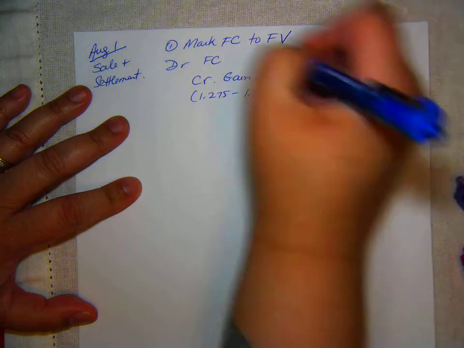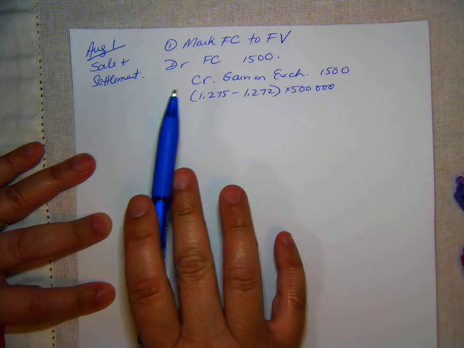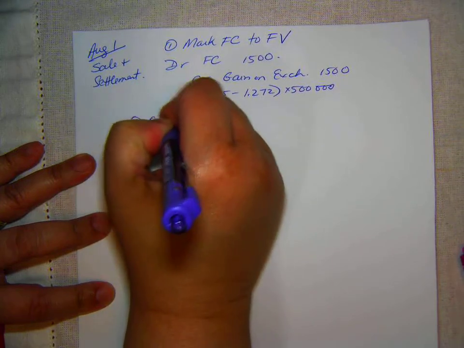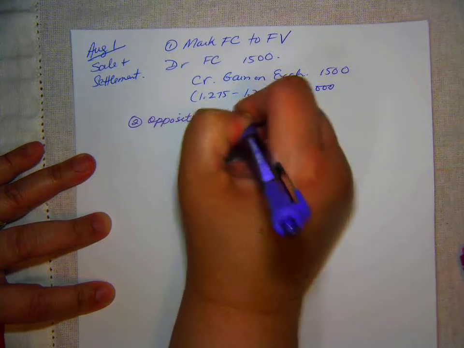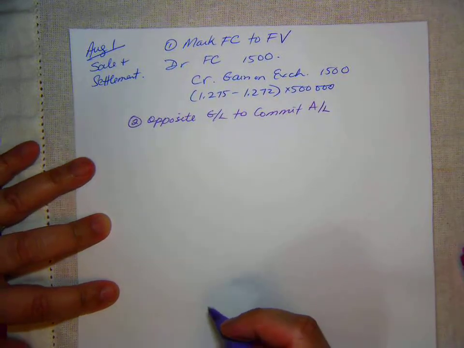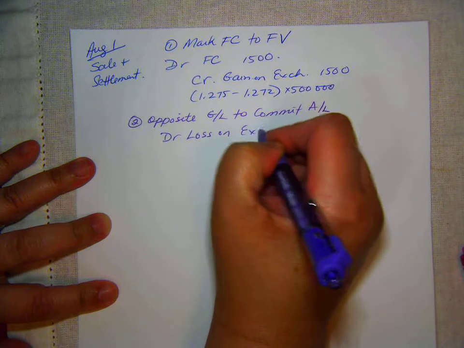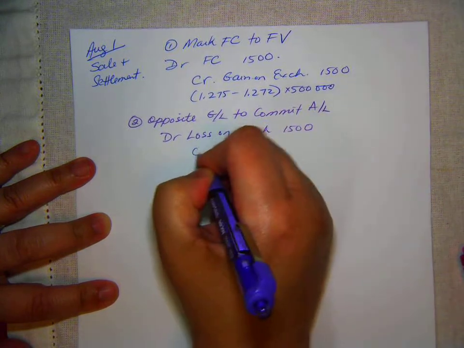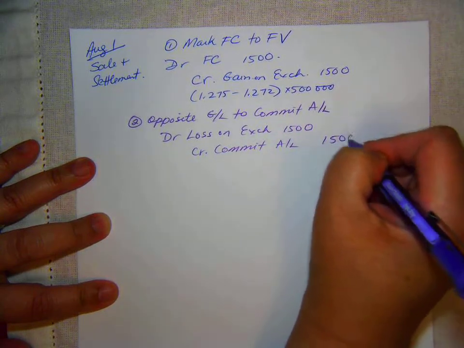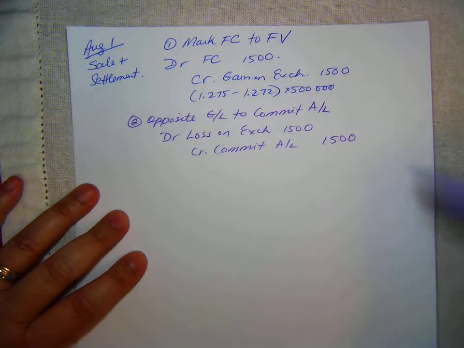So that's the 1,500 we had last time. Now, because we've done that, we have to do the opposite gain or loss to commitment asset or liability. So it was a gain, so we're going to record loss on exchange for 1,500 and credit commitment asset liability for 1,500.